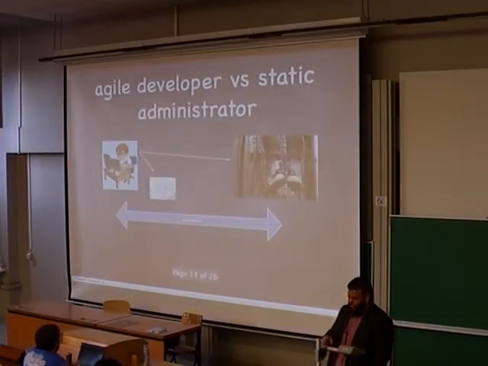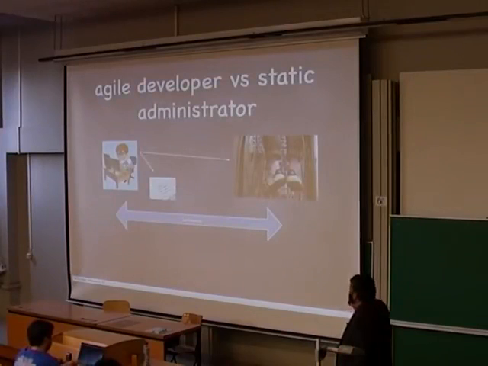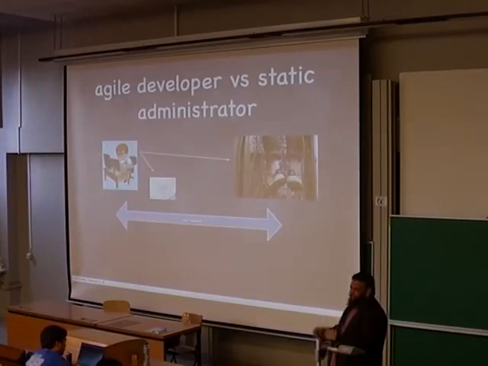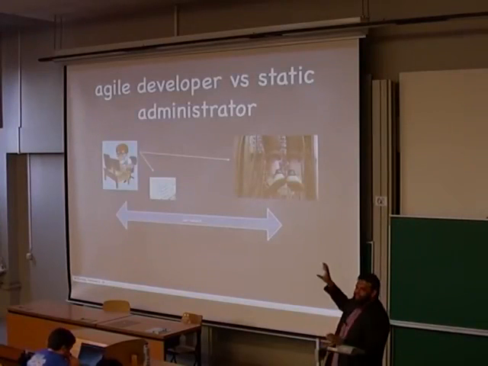The problem we see is the agile developer versus the static administrator. Let's take a case where you are a software developer and you want to run your code on the cloud. You develop your code, but then you go outside of your IDE, or to the system administrator, to launch more VMs.